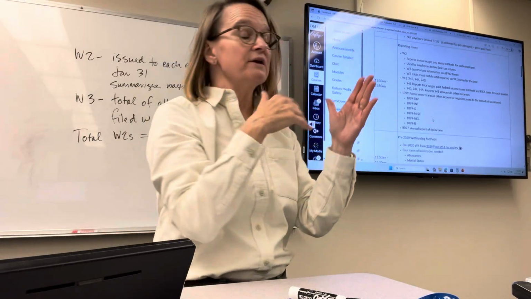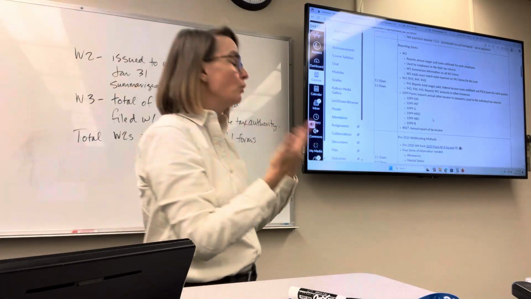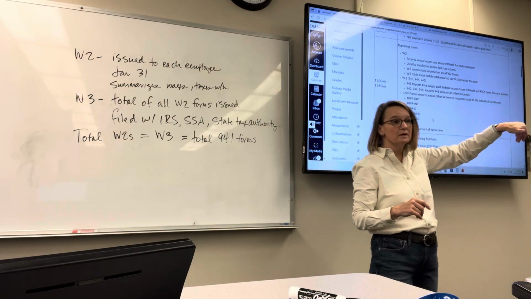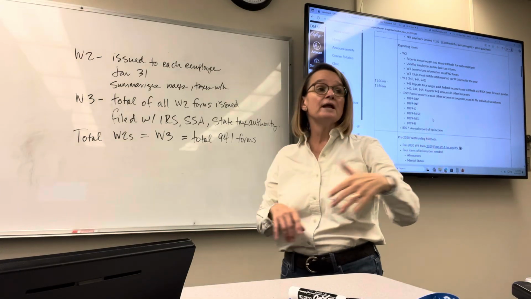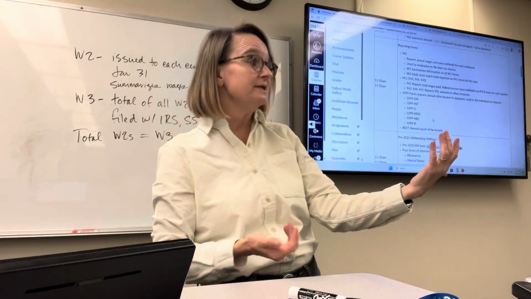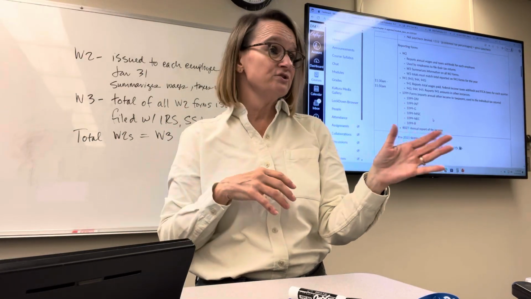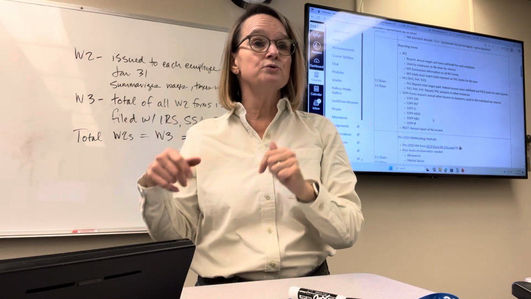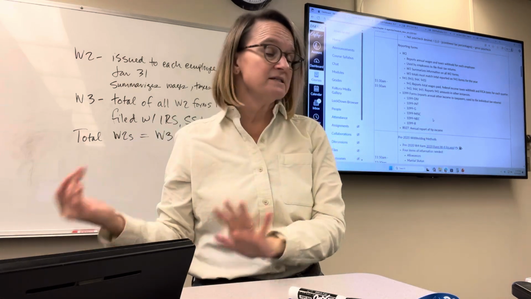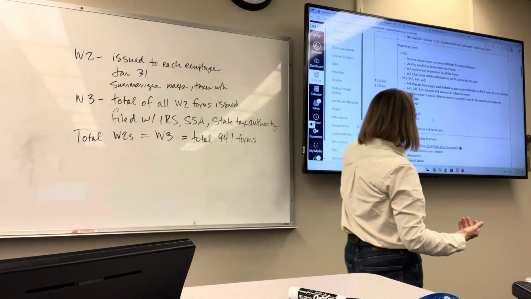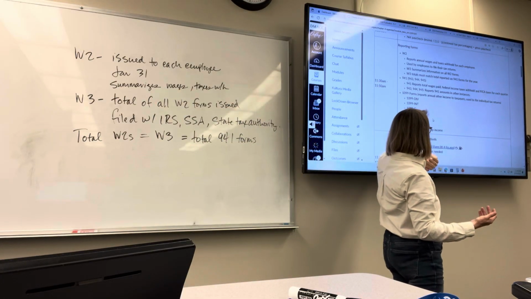If they paid $600 or more, they have to issue a 1099 NEC form for that non-employee compensation. And because it's for independent contractors, those contractors are going to be subject to Social Security and Medicare tax in addition to income taxes when they file their tax return, but that gets reported there.